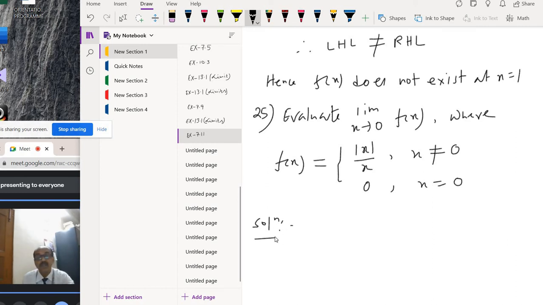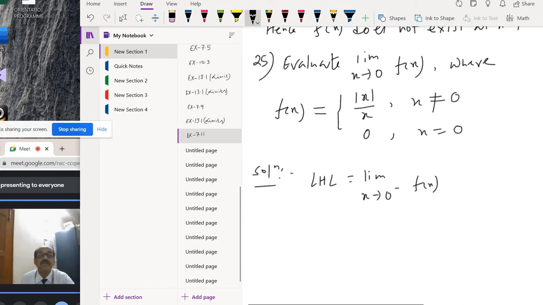Find the left hand limit first, the limit as x tends to 0 minus of f(x). When x is less than 0, mod x is minus x.